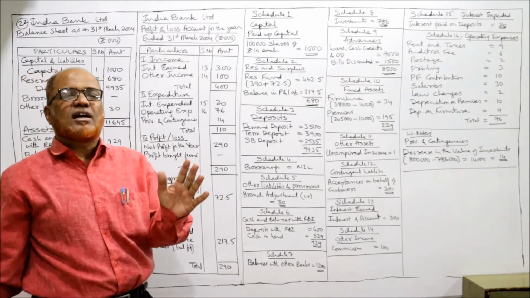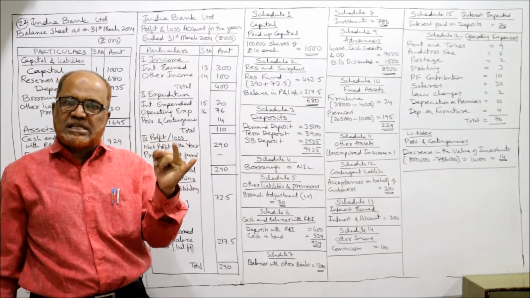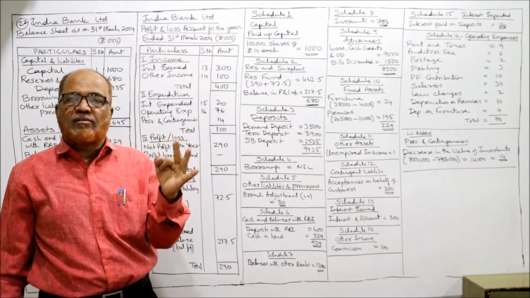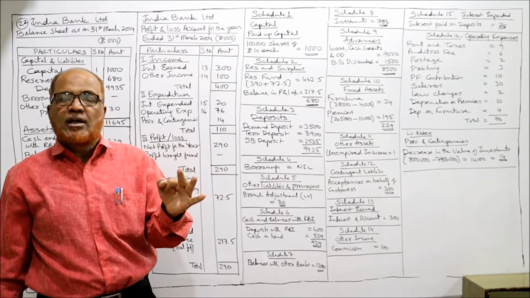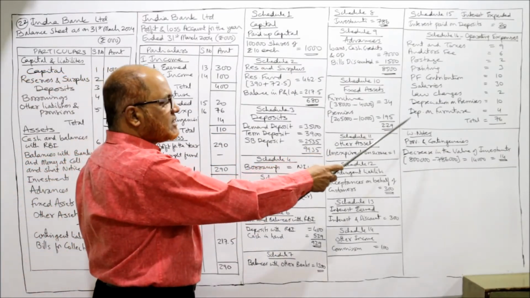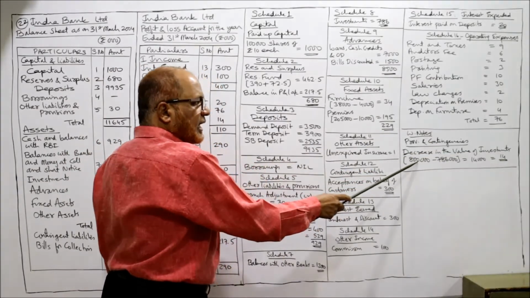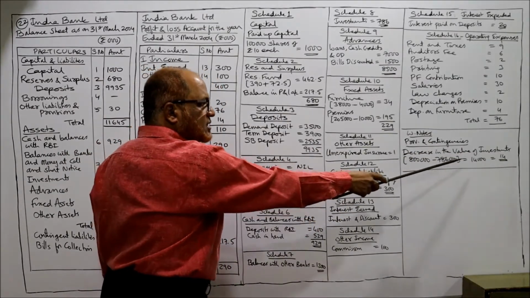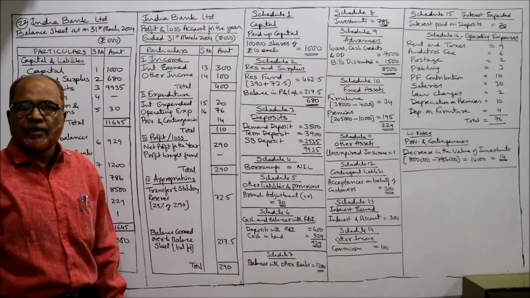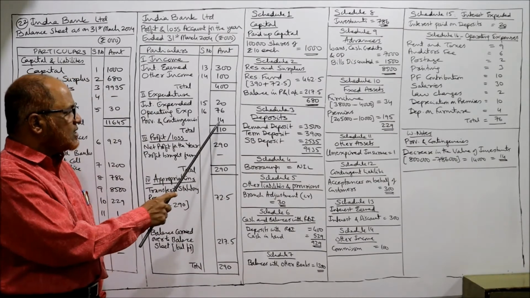In this, we normally take provision for doubtful debts, provision for taxation or decrease in the value of investment. So in the current problem, we are having decrease in the value of investment. You can see here, provisions and contingencies, decrease in the value of investment, 8 lakh minus 7,86,000, 14,000. So 14 is the provisions and contingencies.